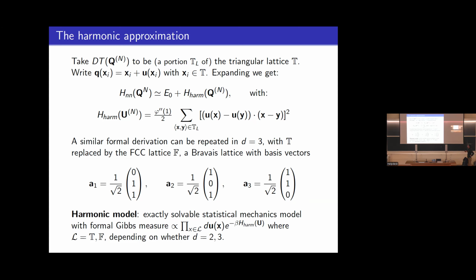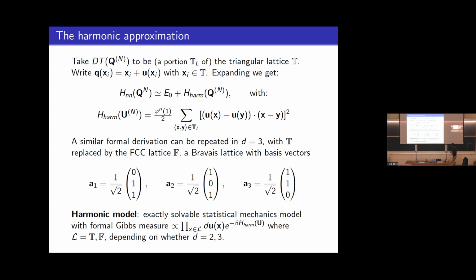You can of course do a similar analysis in 3 dimensions using another reference lattice, for instance, the FCC lattice. For later reference, let me observe that the FCC lattice is also a simple Bravais lattice, and these are the basis vectors of the FCC lattice. This is something that, for instance, I didn't know before.